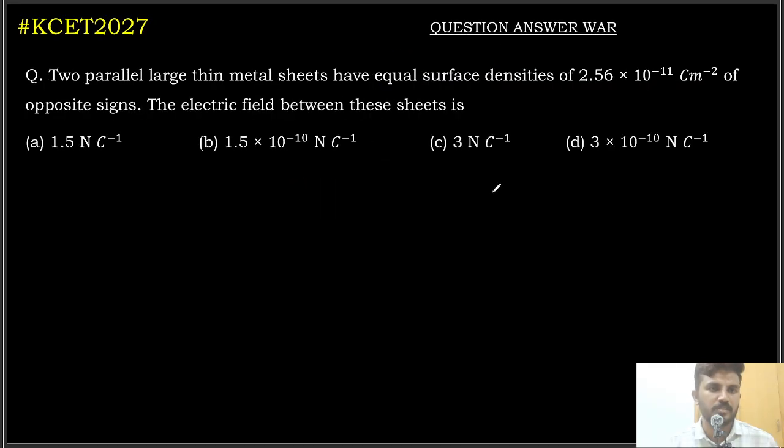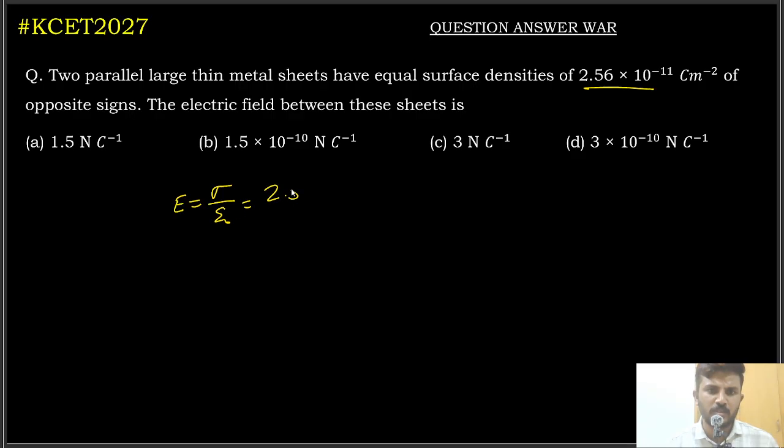Yeah. Next. Two parallel large thin metal sheets have equal surface charge densities of opposite sign. So charge density is given as sigma. The electric field between the plates is... For the electric field between the two plates, I have given you the formula, that is sigma by epsilon naught.